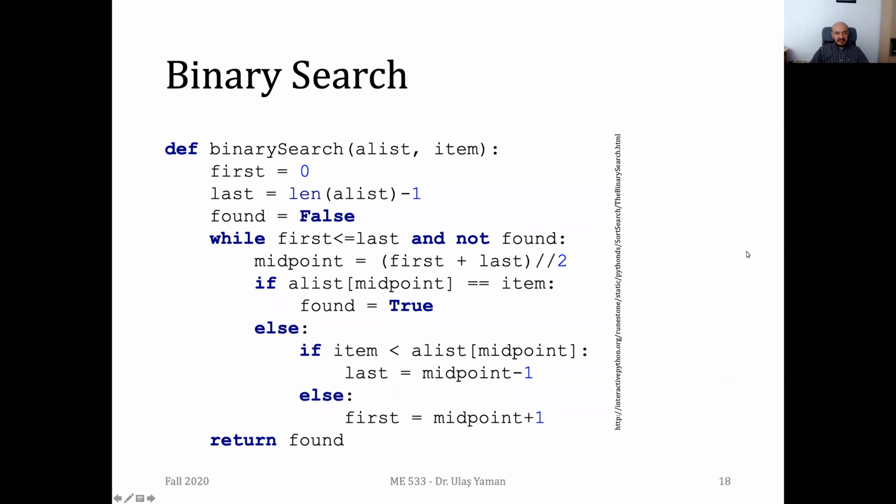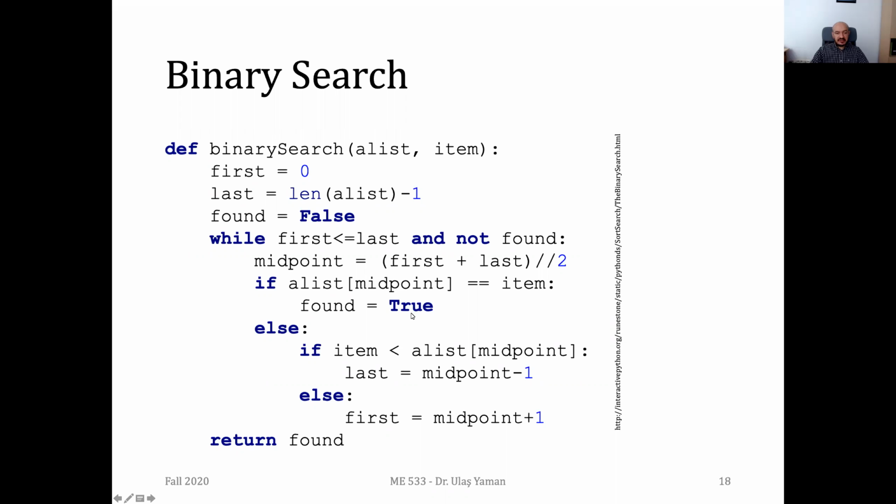This is the implementation. We have some initialization steps, and then we are checking whether the given first value is less than or equal to the last, and we still haven't found the value. And then, as you see, we continue dividing, trying to find our midpoint by dividing the range by 2, and then check whether our given value is the midpoint or not.